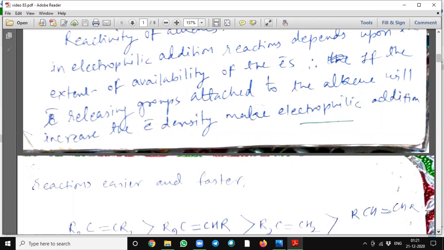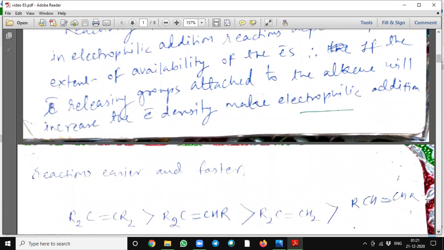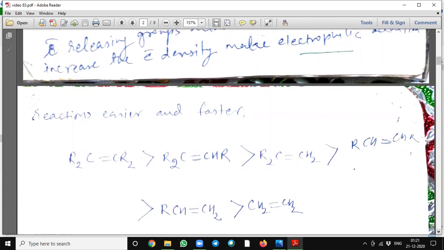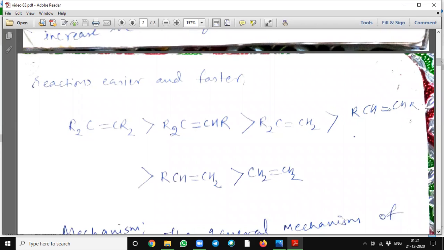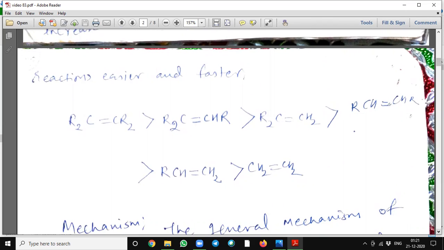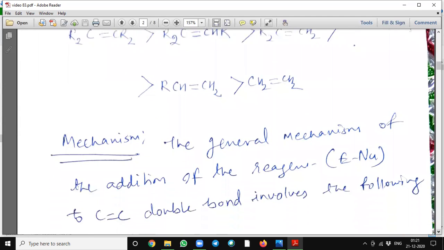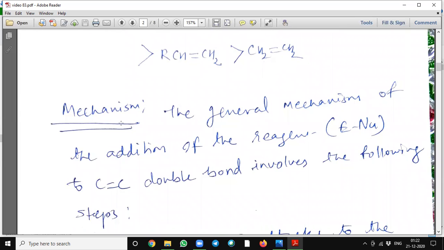Therefore, electron releasing groups attached to the alkene increase the electron density and make the electrophilic addition reaction easier and faster. See here, it contains more substituent groups, and due to hyperconjugation it releases more electrons. So the reaction will be faster compared to ethene.